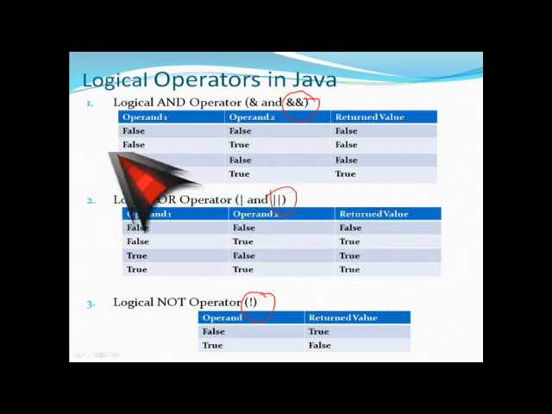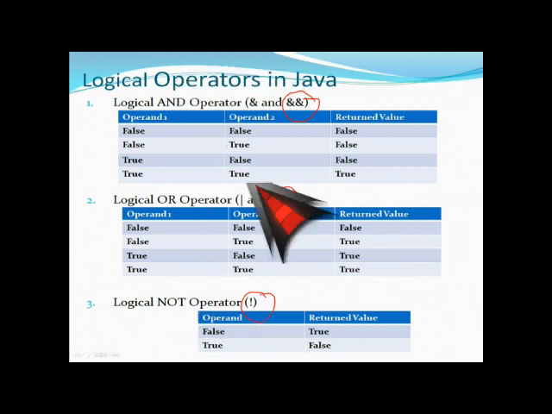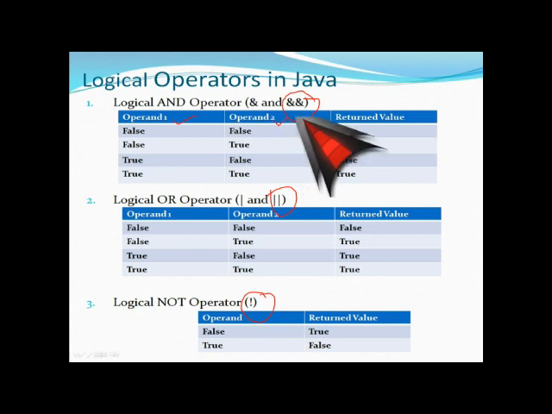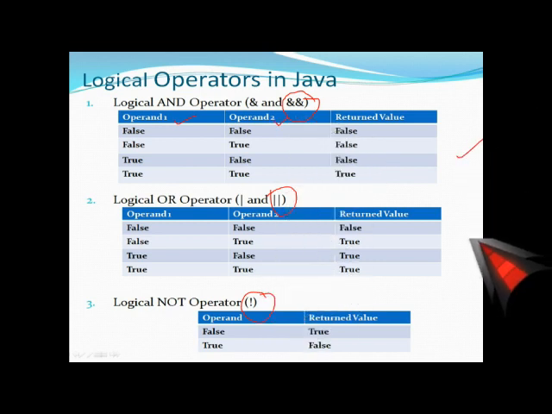These are also binary operators, as we need a minimum of two operands; they need to work on both of them.